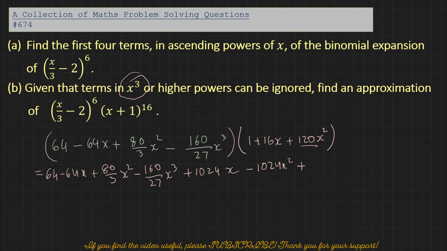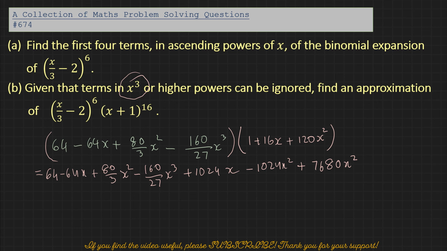It would be 120 times 64, which is 7680, so plus 7680x². The x³ and the rest of the terms can be ignored, because x² multiplied with minus 64x would give me an x³, so I can happily ignore that.